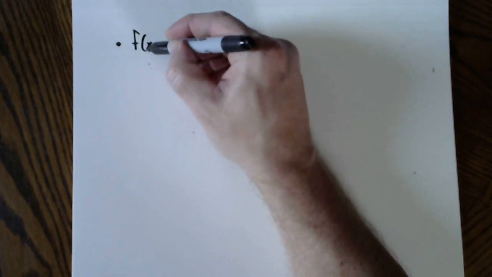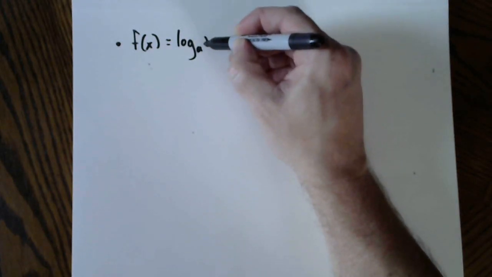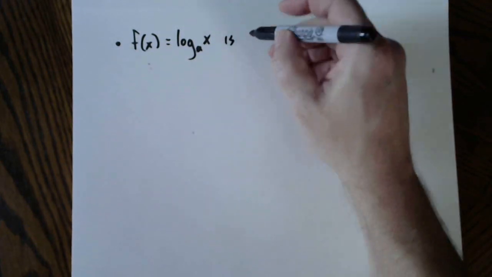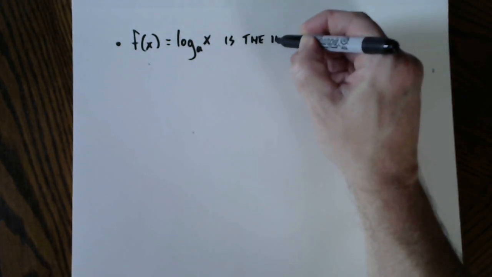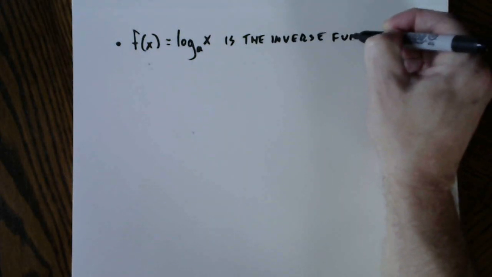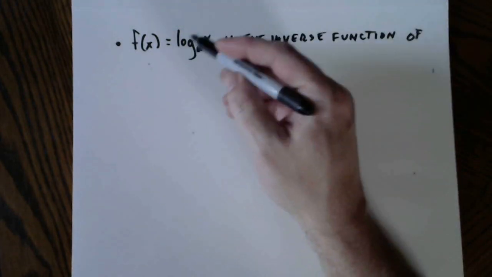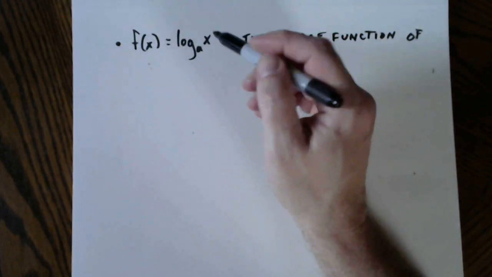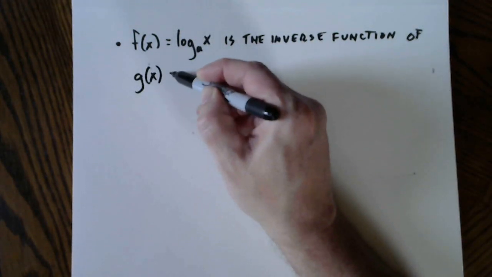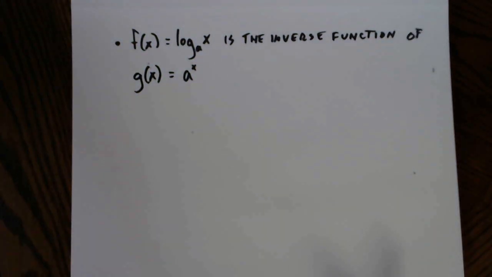So f of x equals log base a of x, so this function is defined by whatever a is, always the inverse function of, I'm going to write this as g, I could write it as f inverse, but I'm stating it's an inverse of a to the x.